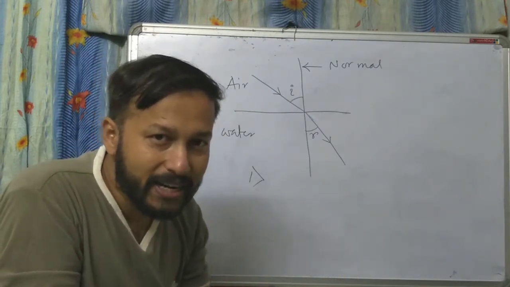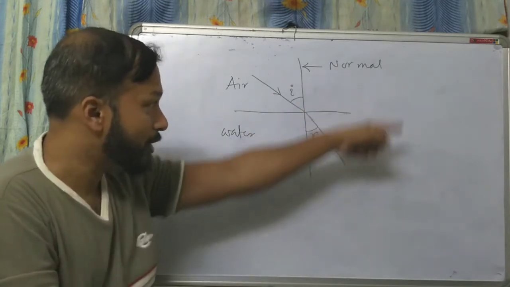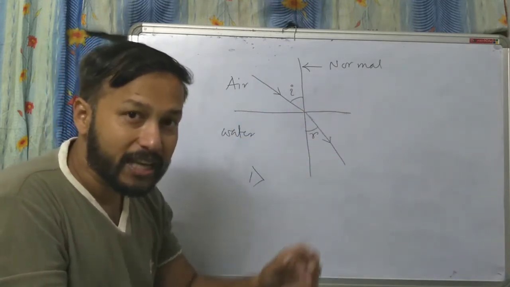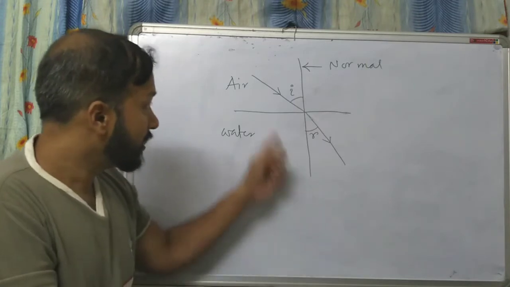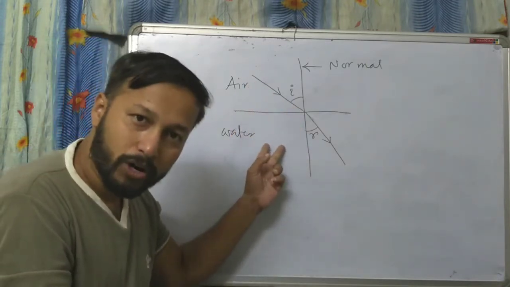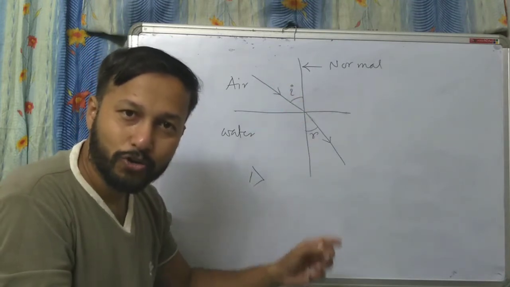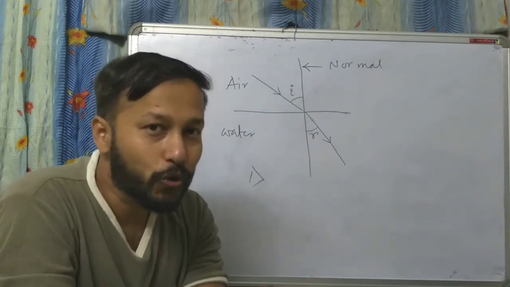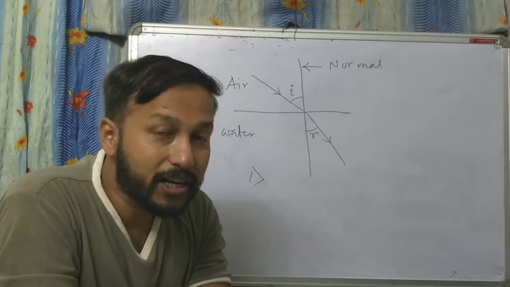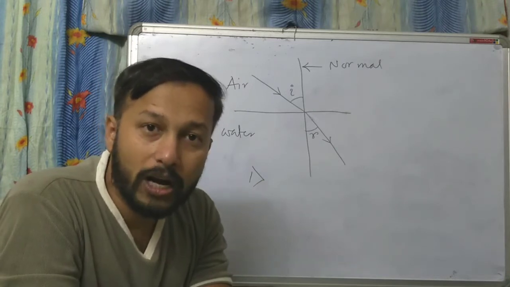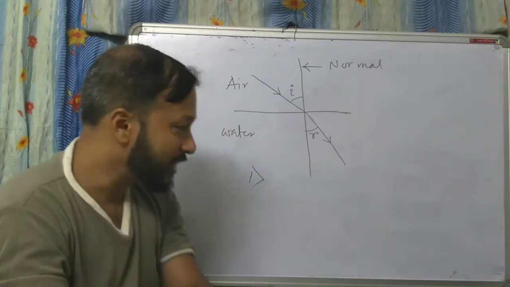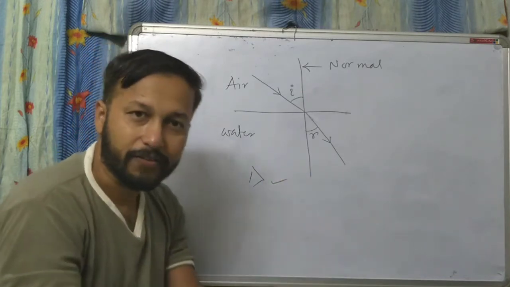What is the same plane here? This board, this white board you can see. All the rays I have drawn on the board. This incident ray is also on the board. The refracted ray is also on this white board and the normal is also drawn on the white board. So incident ray, refracted ray and normal all lie on the same plane. This is first law of refraction.